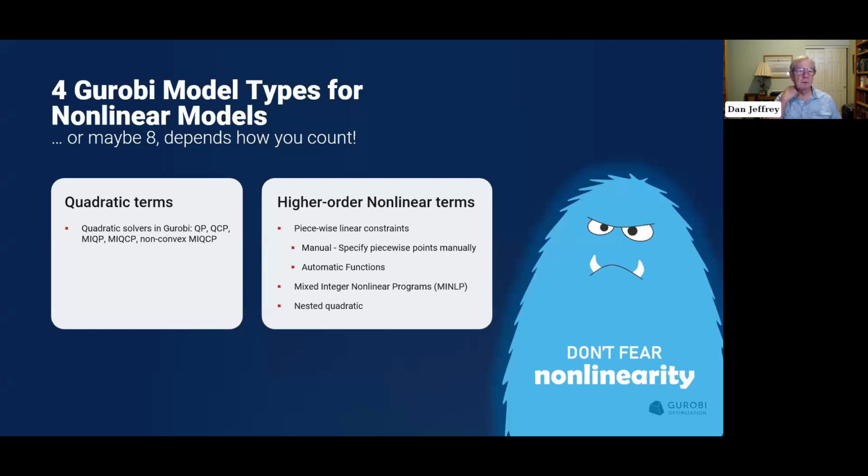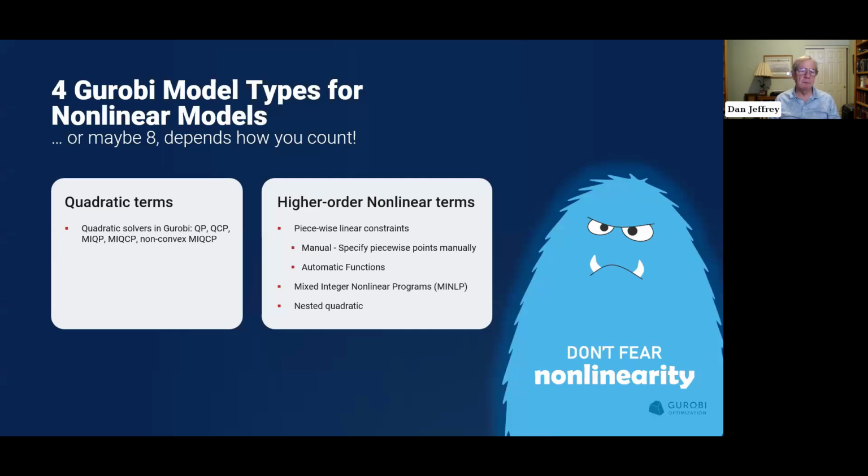So there are currently 4 Gurobi model types that you might call nonlinear. And I guess it depends on how you count them. Maybe we could count 8, I don't know. It doesn't matter though. There's a group of solvers that are quadratic. We'll talk about those. There are higher order nonlinear terms than quadratic, of course.